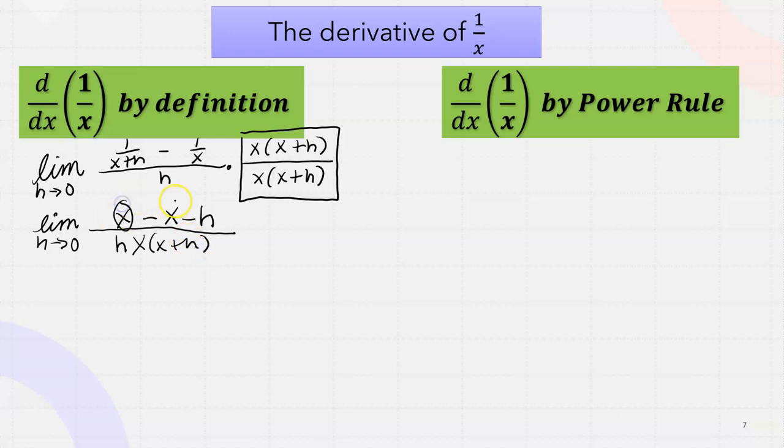Then x minus x is 0. Then h divided by h is 1. So in the numerator, you would have negative 1. On the denominator, you have x times x plus h. Well, what happens when h is approaching 0? This goes to 0. You have on the denominator, x squared, the product of x times x.